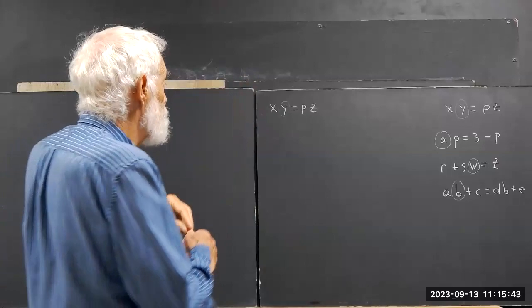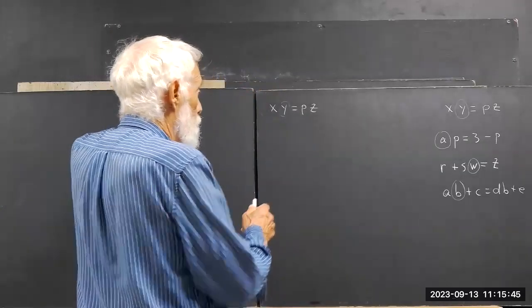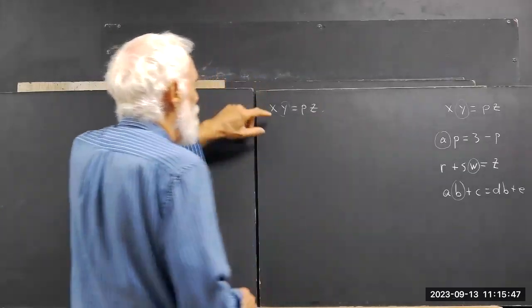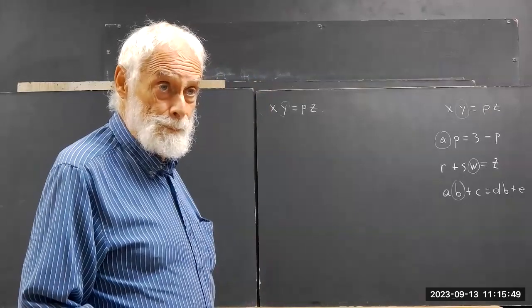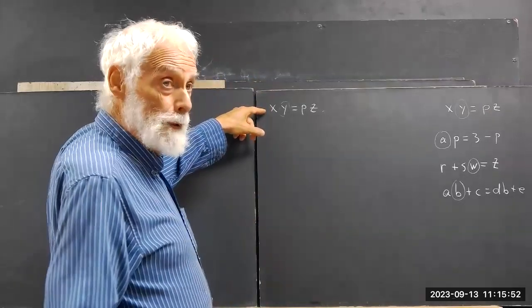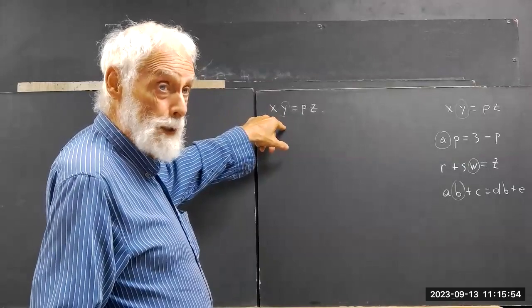So here we have x times y equals pz. I've circled the y. Okay. x is multiplied by y. We obviously want to get rid of x. If we get rid of x, we've got y.